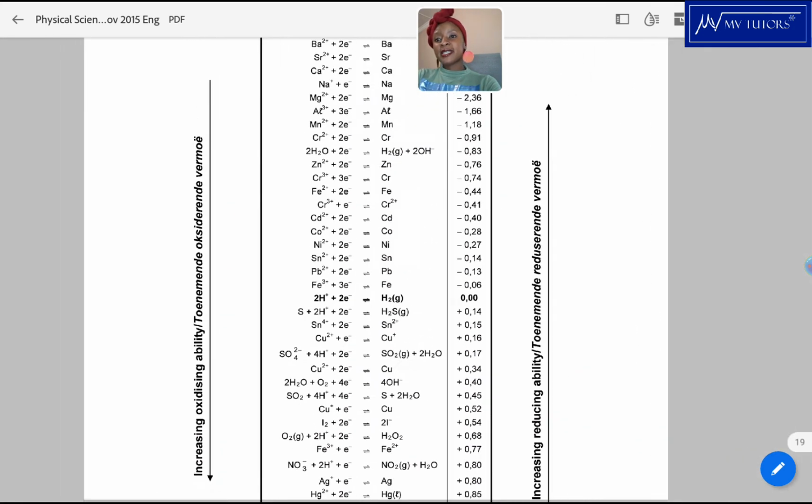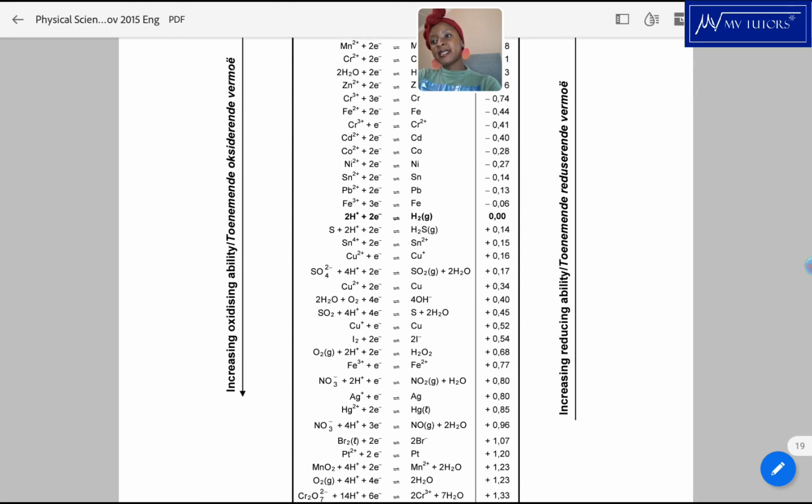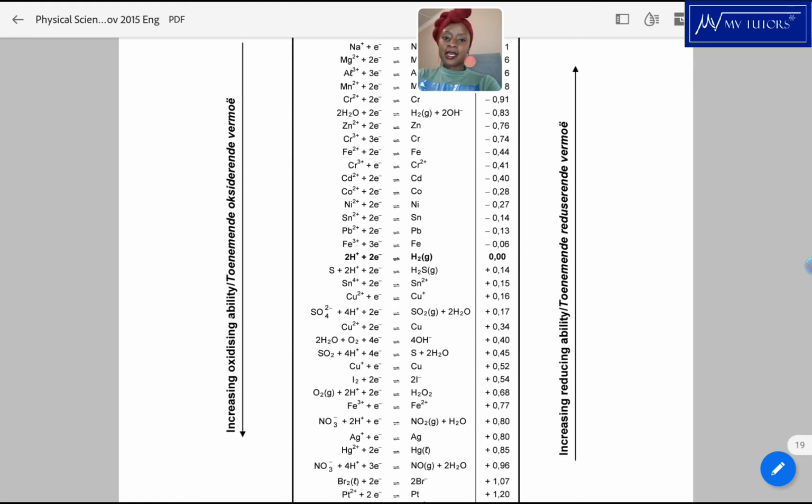Also on the sides here, they tell you that this is increasing oxidizing ability. Another word for oxidizing ability would be oxidizing agent.